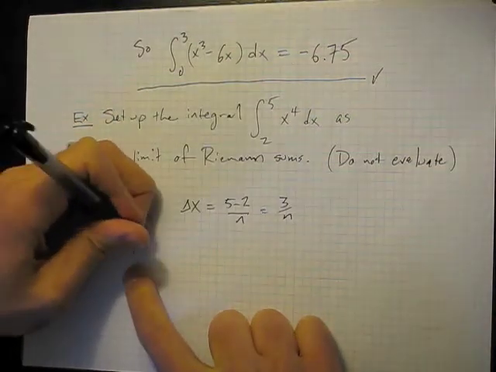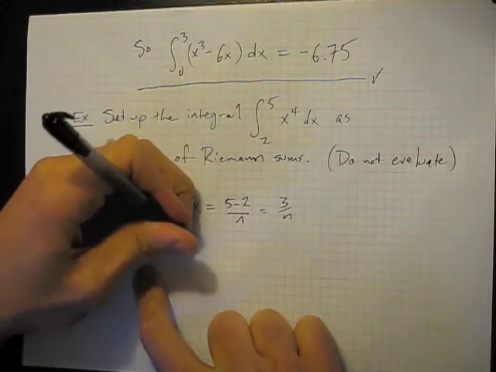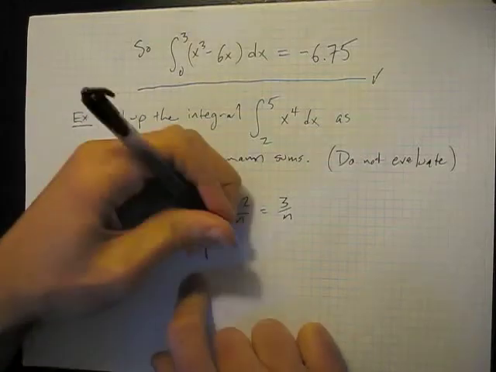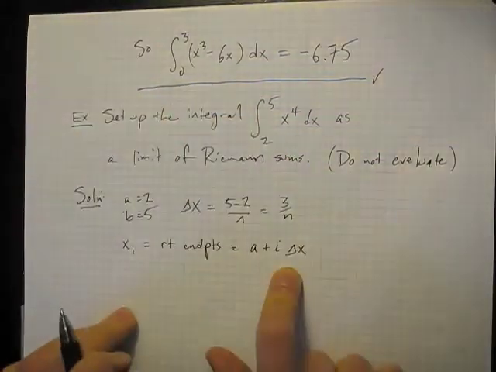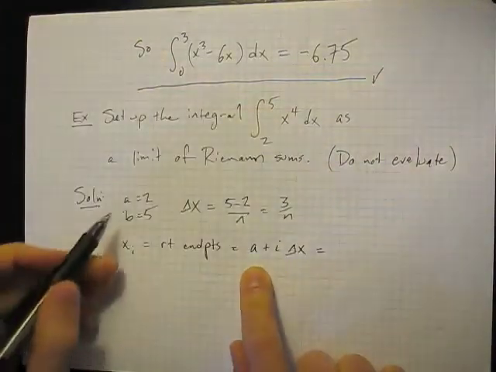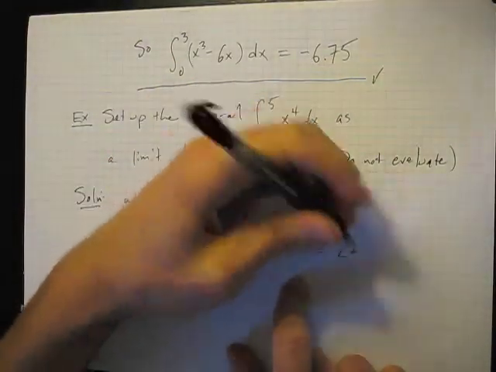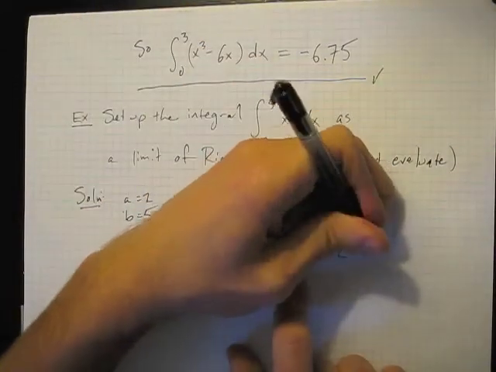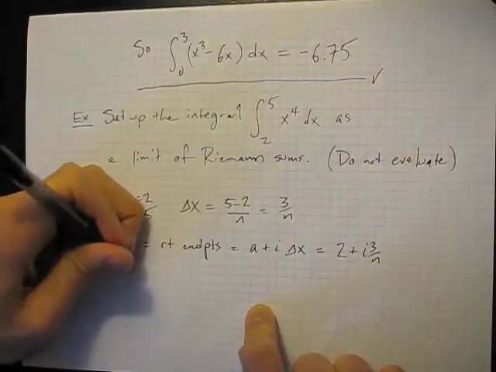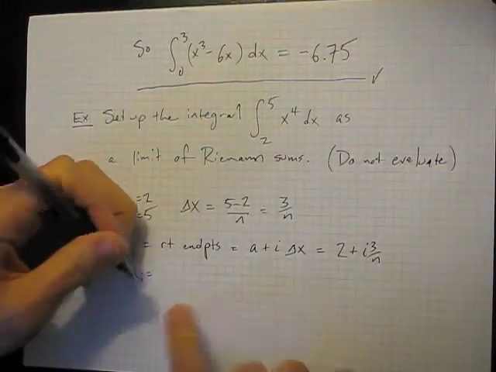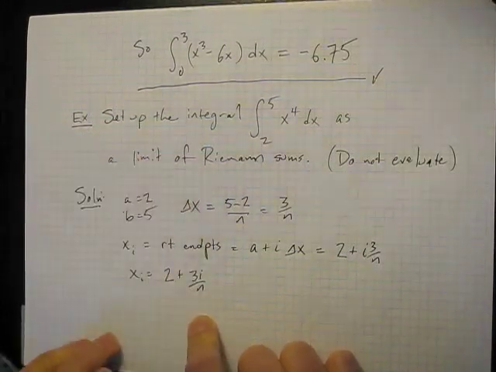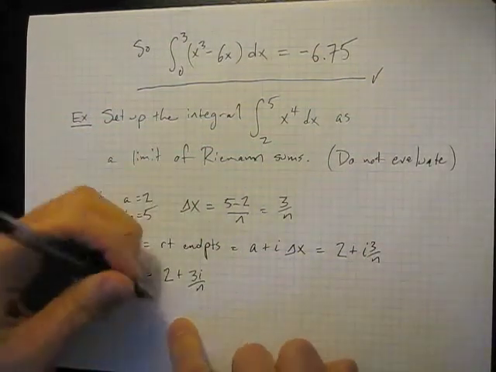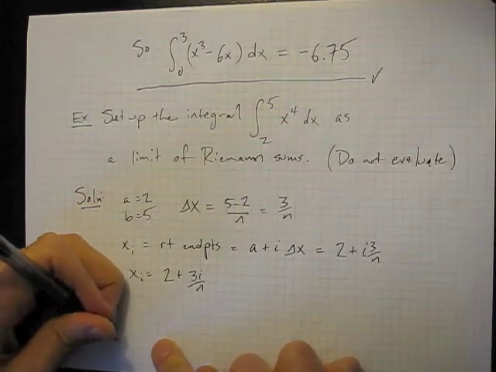Our right-hand endpoints will be a plus i times this increment delta x. A is equal to 2, so we get 2 plus i times 3 over n. And maybe that looks sort of silly, so we're going to write 2 plus 3i over n, like that. We're going to just bring that i into the thing.